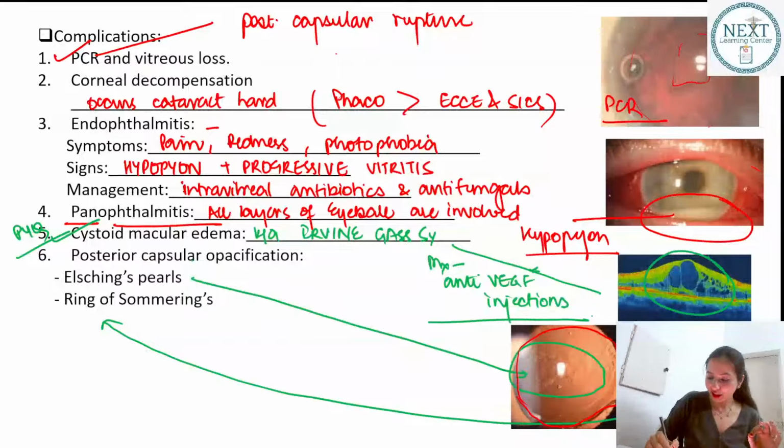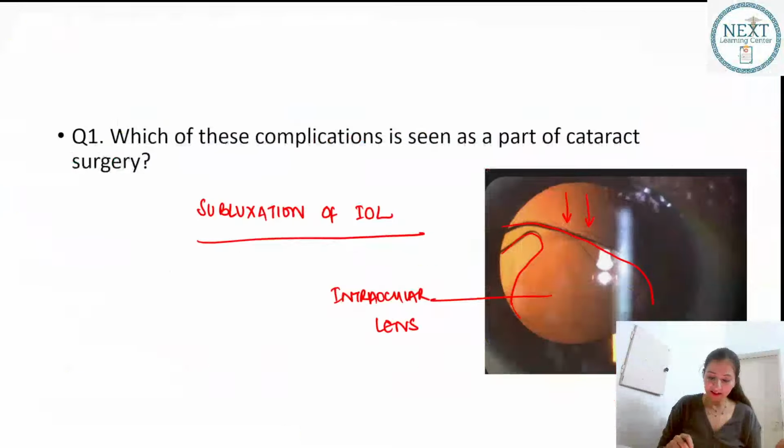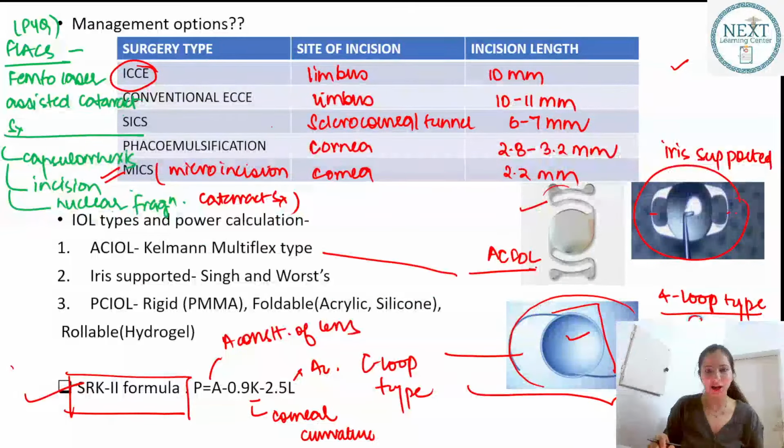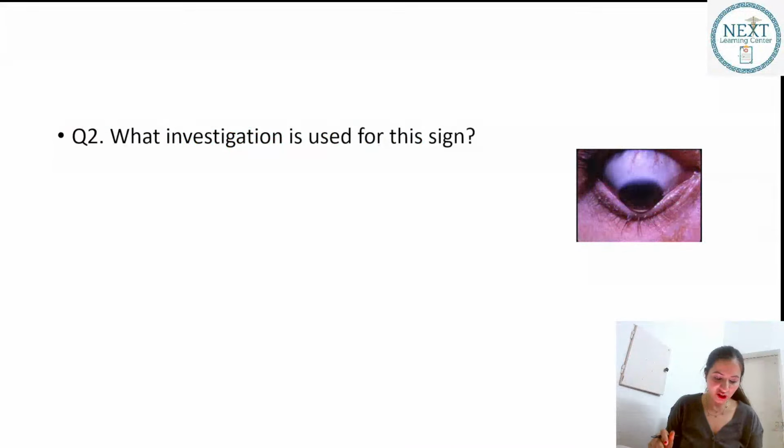So normally your intraocular lens is like this, right? But what is happening in this condition? It has got subluxated downwards. So this is subluxation of intraocular lens, and this has been taught already in the class and in the Maha Revision.